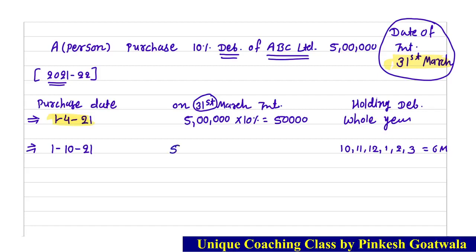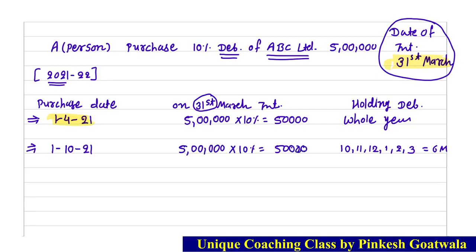So we all know how much interest should be paid. 6 month interest pay કરીશું આપણે, into 6 divided by 12, the amount comes to 25,000. But remember, it's wrong. Actually he will get the total full interest, whole year interest, that is 50,000. પૂરેપૂરું interest એને મળશે.